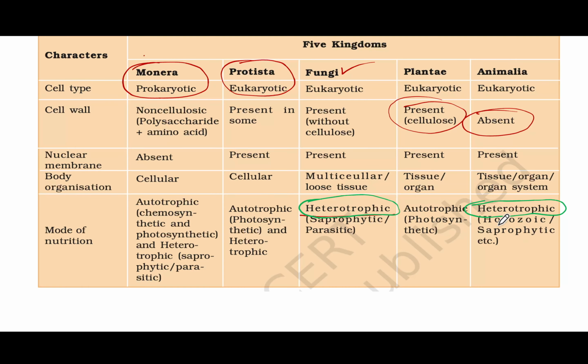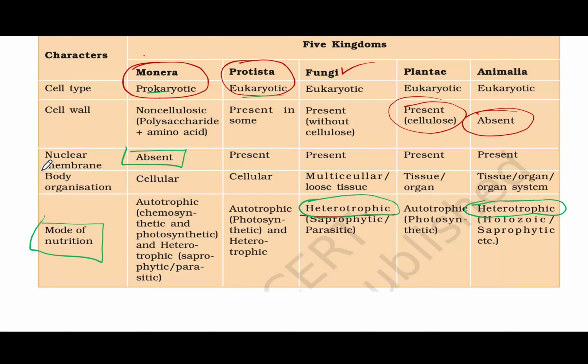So these two kingdoms you should remember when you learn about mode of nutrition in the five kingdom classification system. Since Monera is prokaryote, they don't have a nuclear membrane. What about the other four kingdoms? They have a nuclear membrane. Why? Because they are eukaryotes, right? So this also you need to remember.